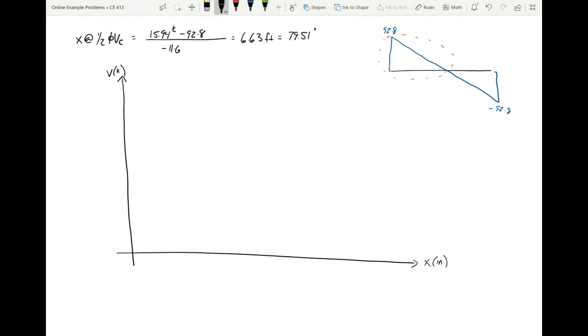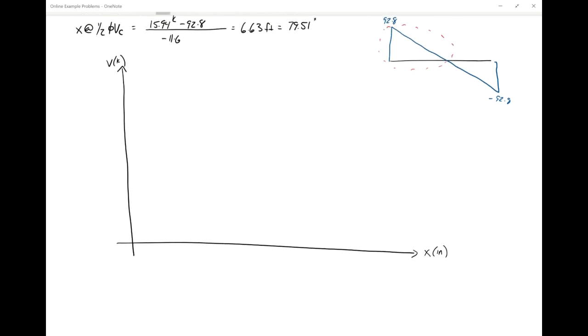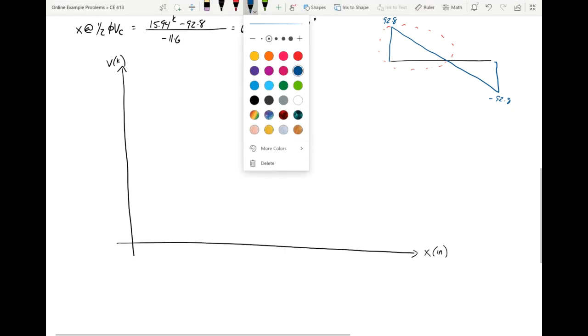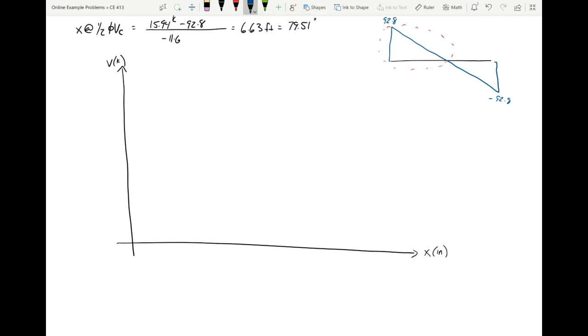And then our shear diagram goes like this, but I'm going to draw that first part dashed.